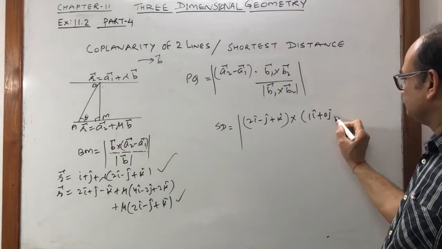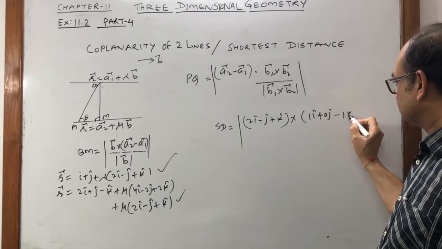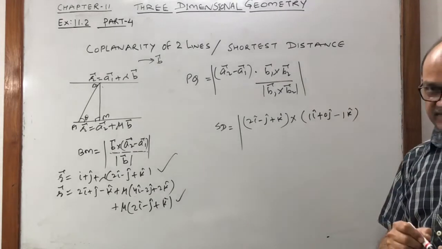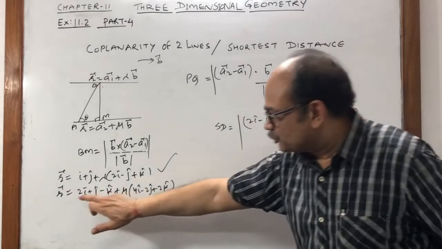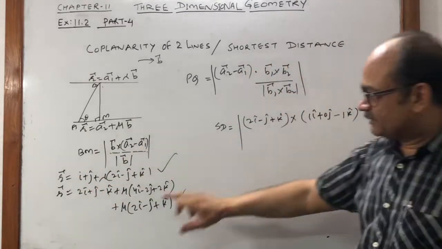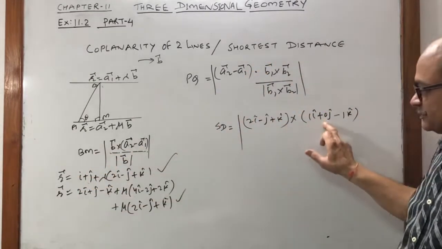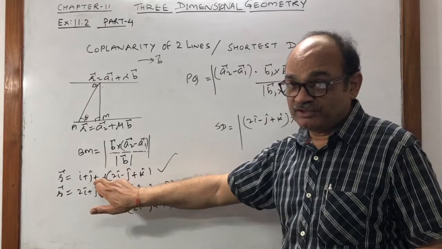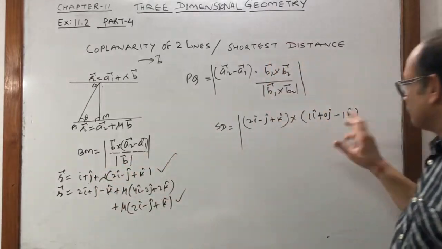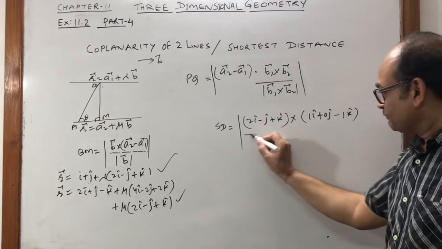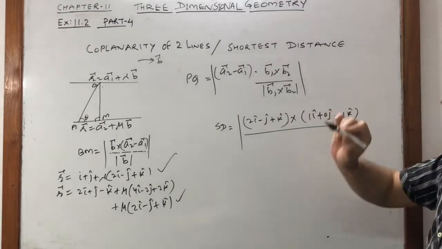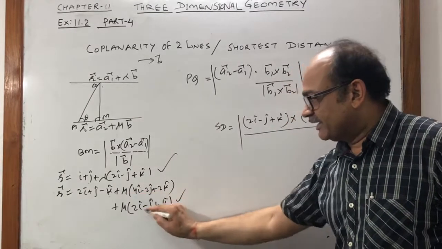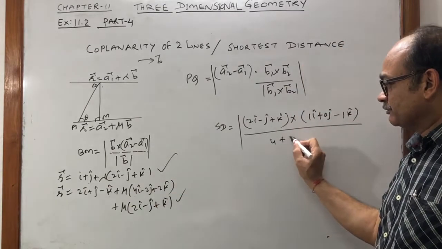Minus 1 k. Check it again. A2 minus A1, 2i minus i, 1i. 1 minus 1, 0 j. And minus 1, and there is no value of k. So minus 1 minus 0, minus 1 k is the numerator. Divide by magnitude of vector B. What is vector B? Anyone. So 4, 1, 1.